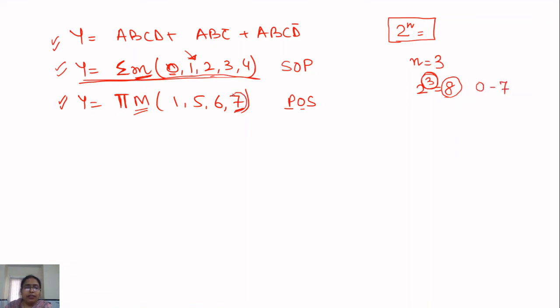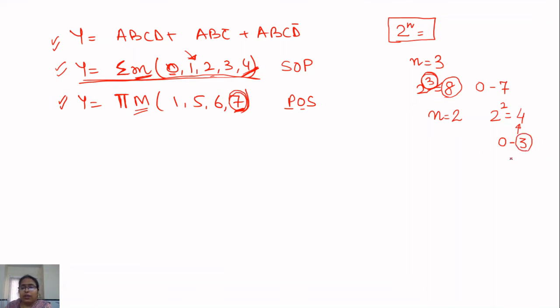So here 7 represents that my number of variables will be equal to 3.